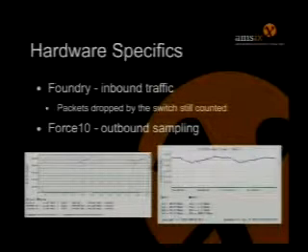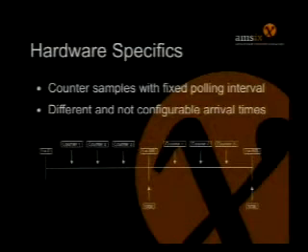Another thing while I was testing the counter samples: you define a fixed polling interval for the counter samples, for example every 300 seconds, because I want to plot a graph in 5 minutes. So 300 seconds should be enough to get the interface counters. But if I do that, I don't know when the sample is actually taken.